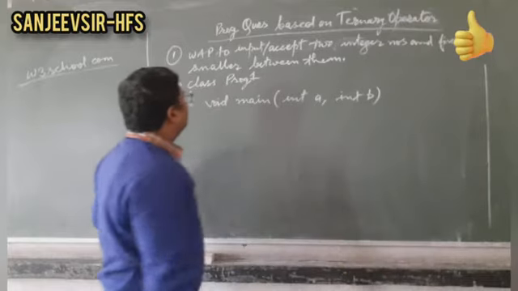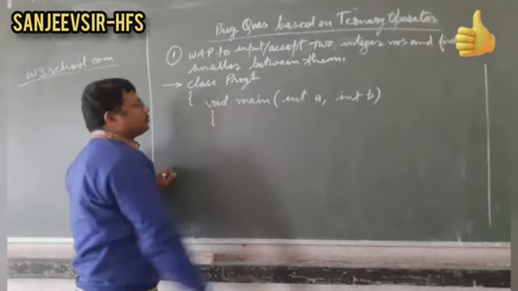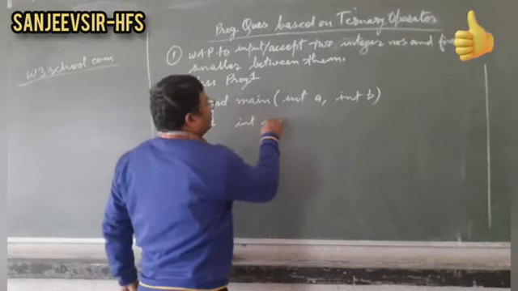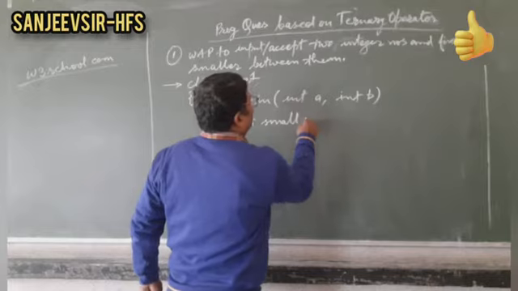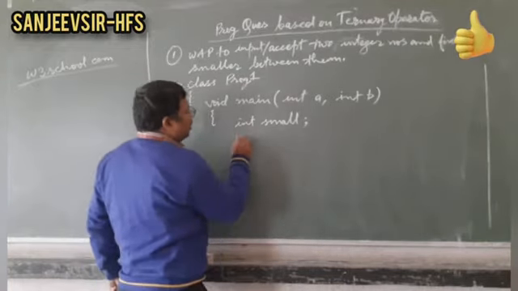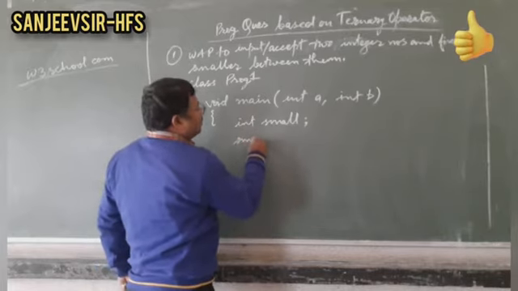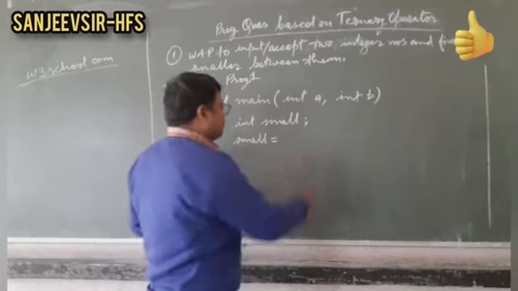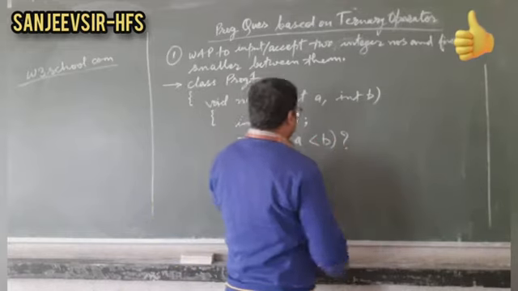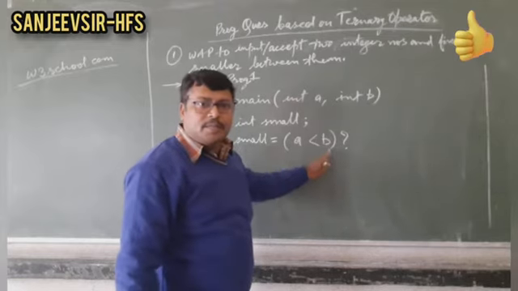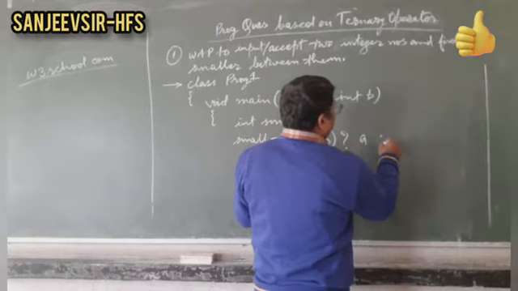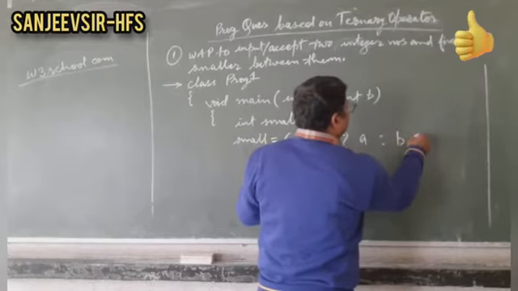Then one small value we need, so we will take one variable small for holding the smaller value between a and b. We will write small is equal to a less than b question mark. According to this condition, where a is less than b, a is smaller, so in the true block we will assign a, or in the false block we will assign b.